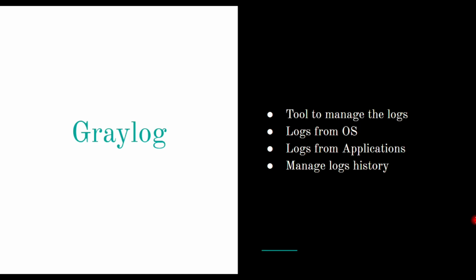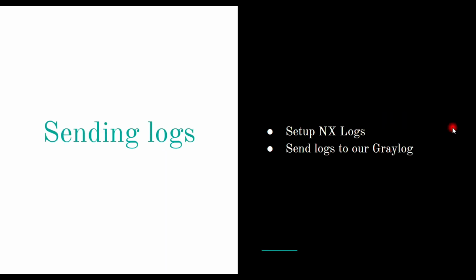We can find logs very easily, whether older logs, or logs older than a couple of months or quarters or years. There are different methods for sending the logs, but in this demo, I am going to set up the nxlog to send the logs from my system to Graylog.